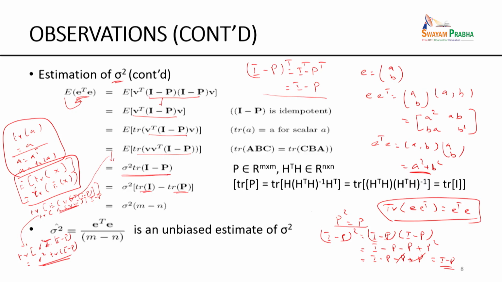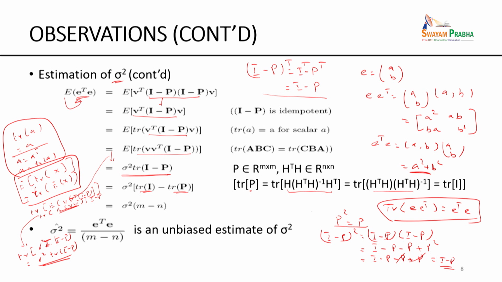Now, what is the trace of P? Let's look at this now. P is H times H transpose H inverse times H transpose. The trace of ABC is the trace of BCA, the trace of CAB. So the trace of P is equal to the trace of this. By using that ABC, BCA and CAB, I can rewrite this. These two cancel each other.